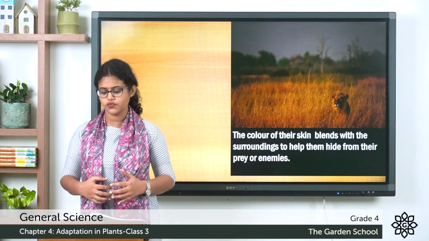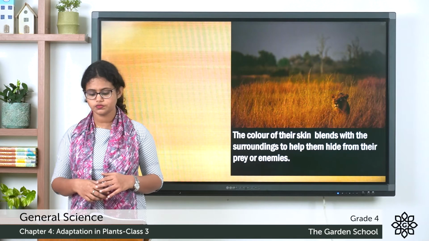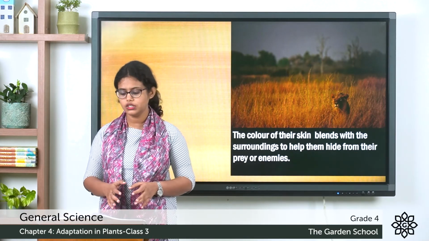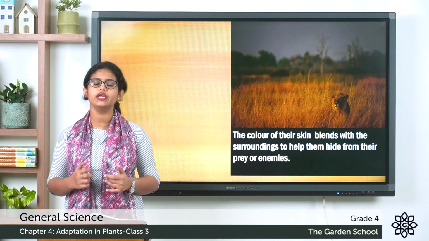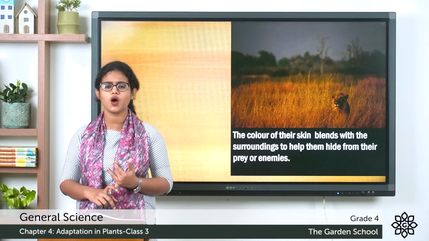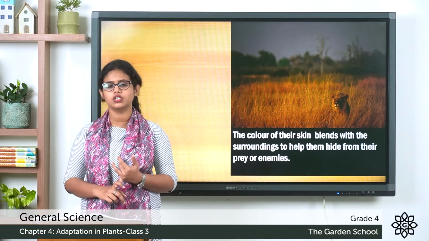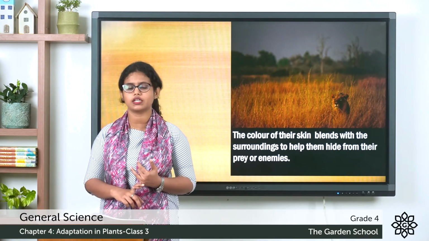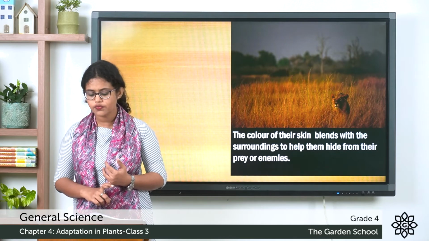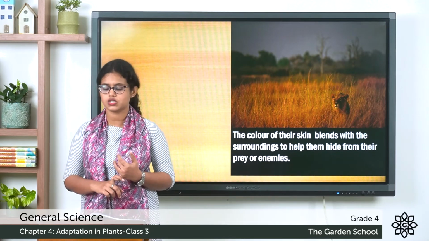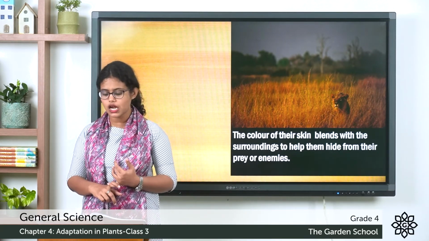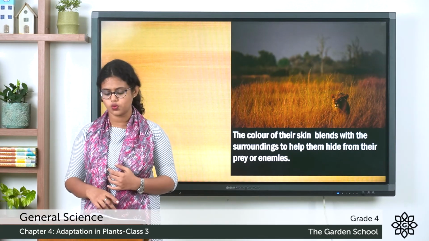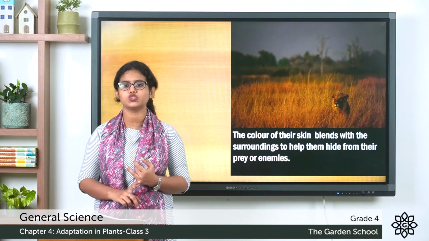In page number 53, there is a box given. Did you know? Crows are found all over the world because they have the following adaptations. So let's see what are their adaptations. They feed on a wide range of food such as insects, garden lizard, bird's eggs, dead animals and leftover food.